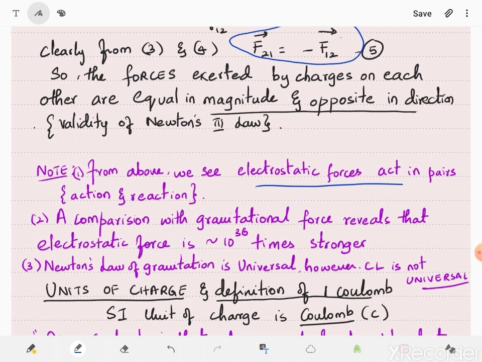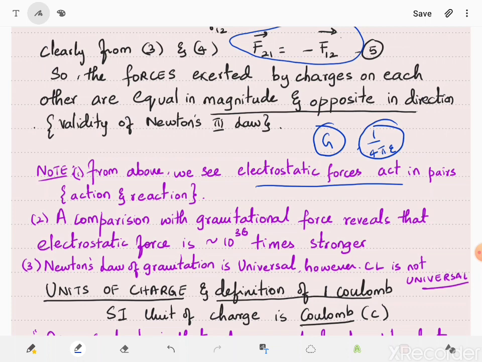The proportionality constant in case of Newton's law of gravitation is G, which is the universal gravitational constant, and it is the same across the whole universe. However, the proportionality constant 1 by 4 pi epsilon changes with respect to medium. Therefore, Coulomb's law is not universal in nature.